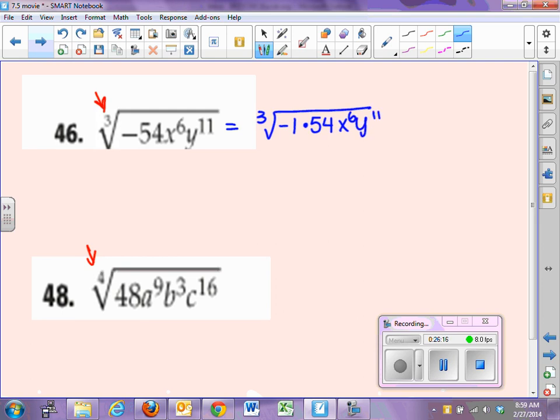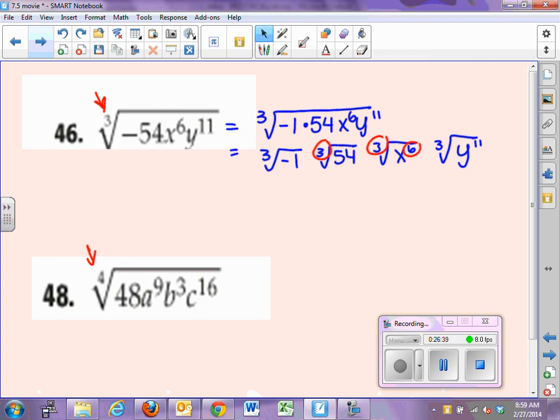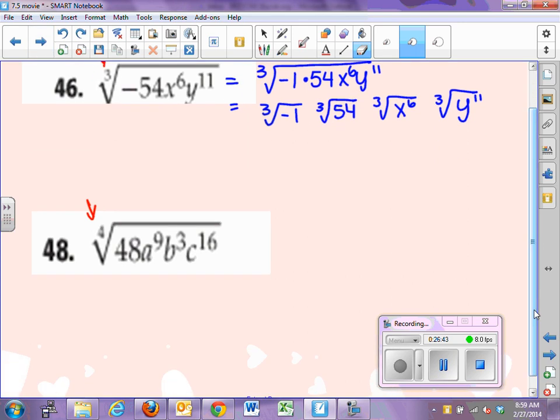Just for demonstration purposes, I'm going to break it up one more time: the cube root of negative 1, the cube root of 54, the cube root of x to the 6, the cube root of y to the 11th. I don't have to worry about my little absolute value signs because I don't have even, even, odd. My root is an odd number, so I don't have to worry about that.